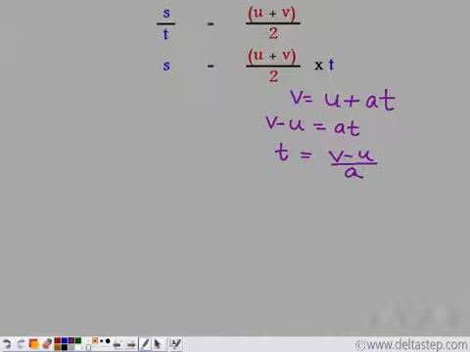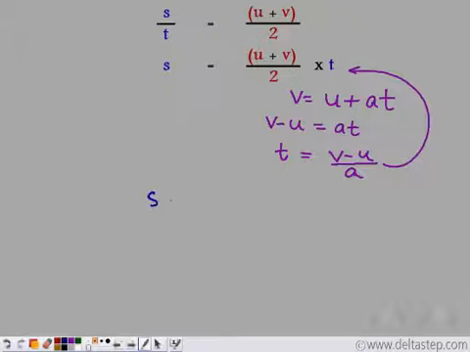So, from the first equation of motion, we get t is equal to (v minus u) by a. We can substitute this value of t here.